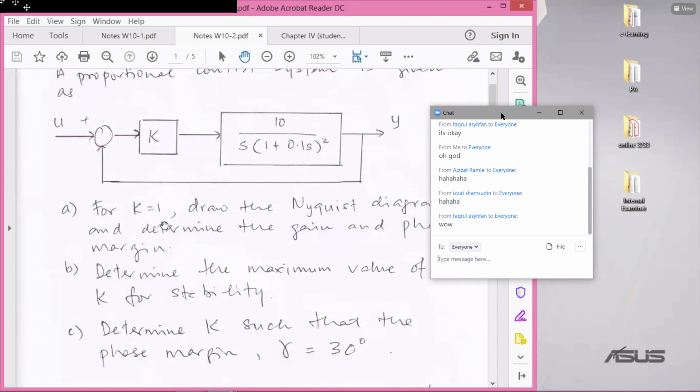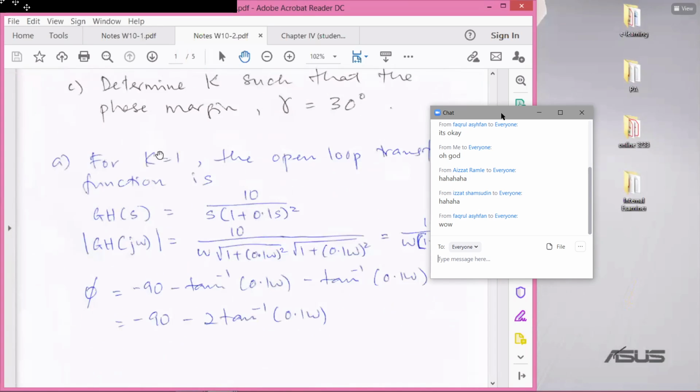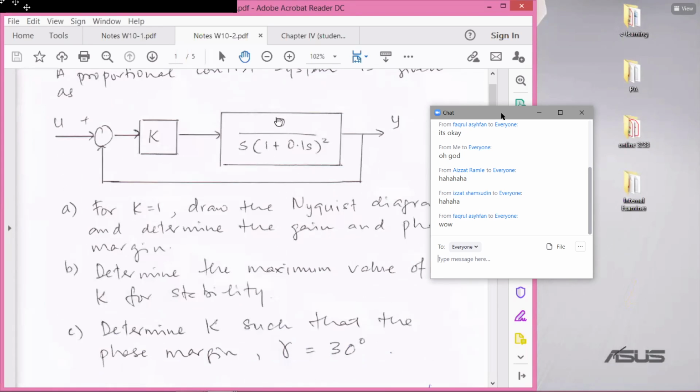All right, so to draw the Nyquist diagram for k equal to 1, all you need is the open loop transfer function. So this is already the open loop transfer function for k equal to 1, which is just 10 over s times (1 + 0.1s) squared, a repeated root. So there are two terms there.